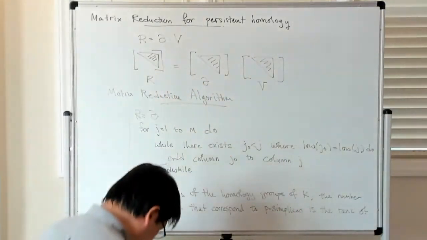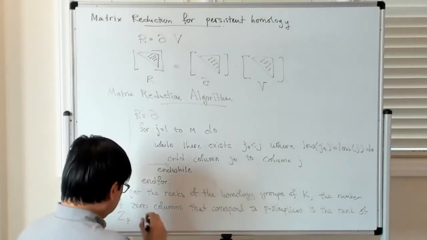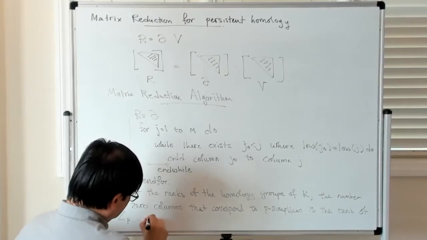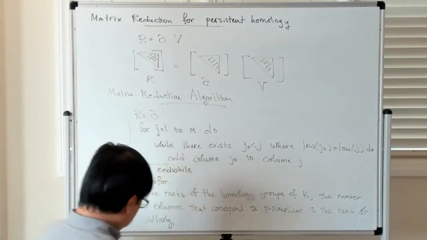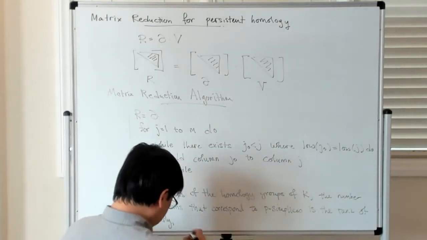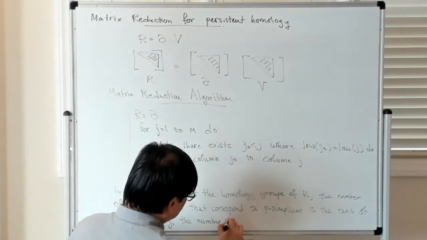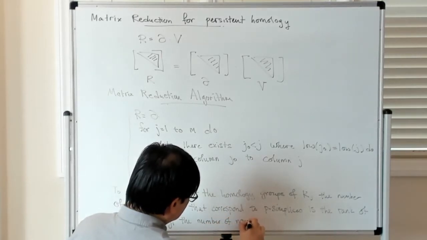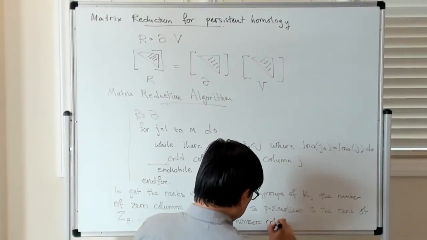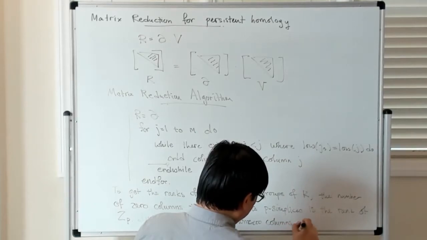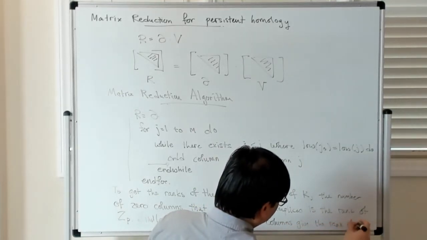Okay, and then similarly, sorry about the ink, the number of non-zero columns gives the rank of the boundaries.